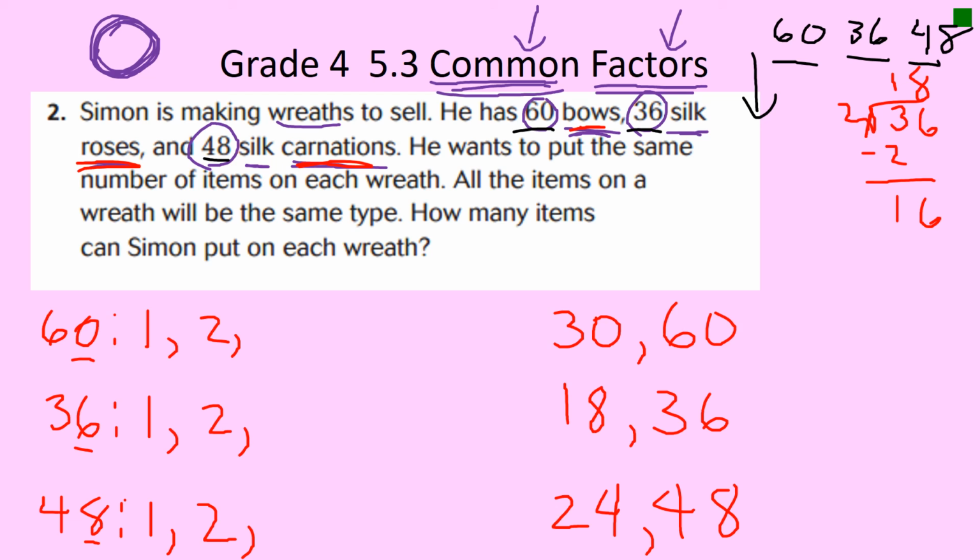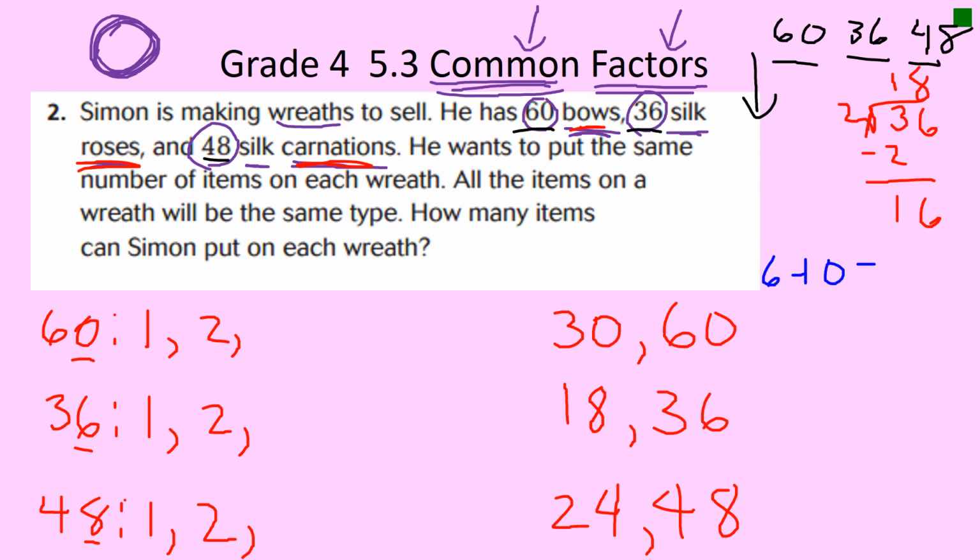All right? Now we're going to think about our friend 3. I'm using my divisibility rules. Okay? Remember, add the digits, and if you can divide that number by 3, you can divide the whole number by 3.